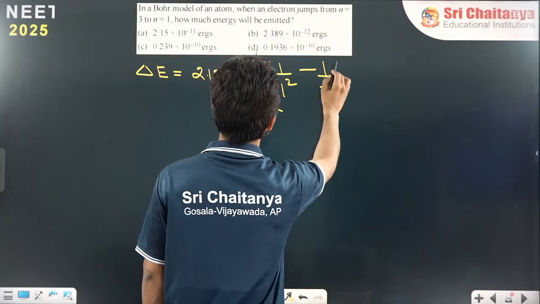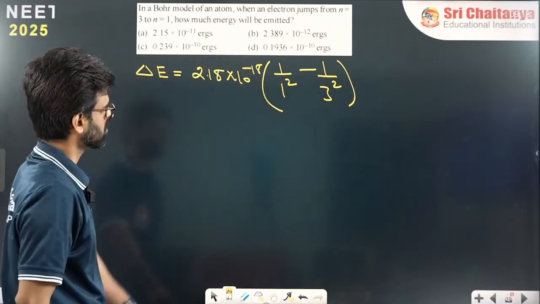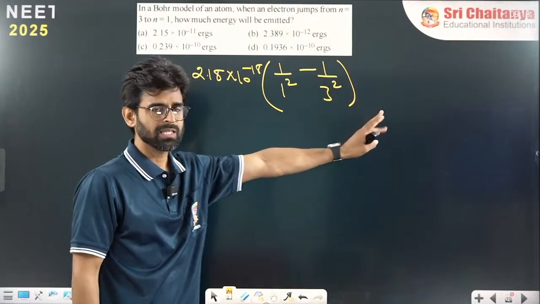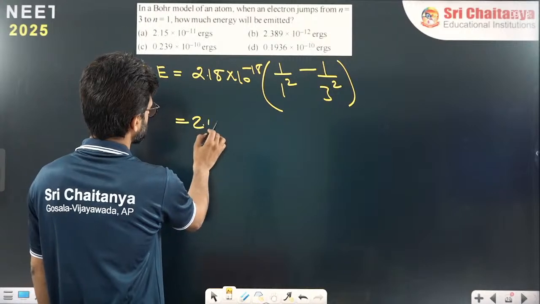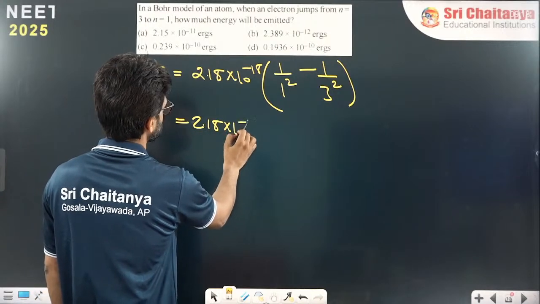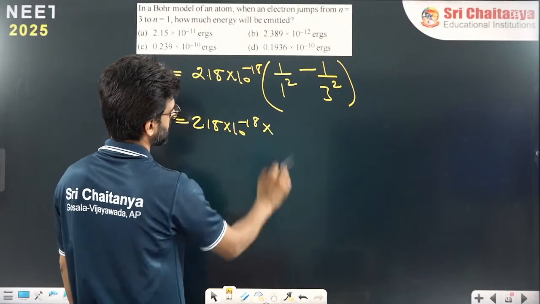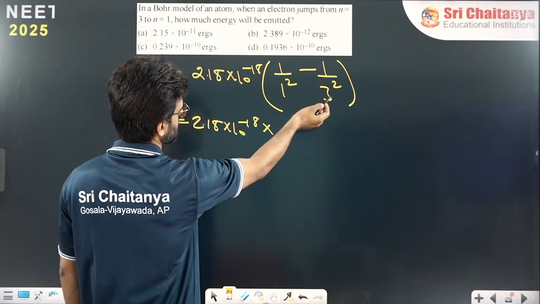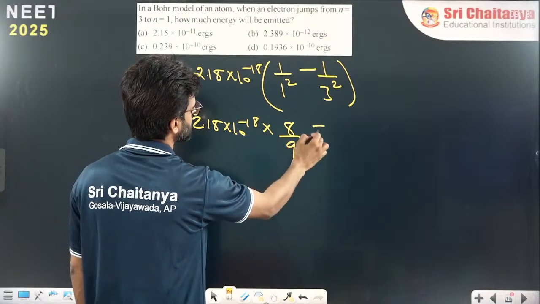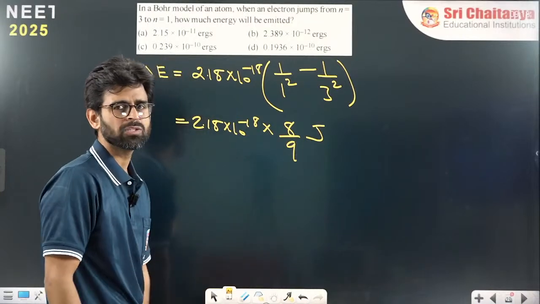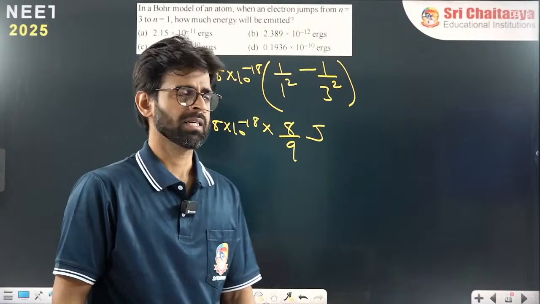Third shell. And definitely they are saying hydrogen atom, so Z is 1 only. So you put this value, get the answer. 2.18 times 10 to the power minus 18, and 9 here, 1 here, so 8 by 9. But remember, it is in joule. You can convert easily joule into eV, right?